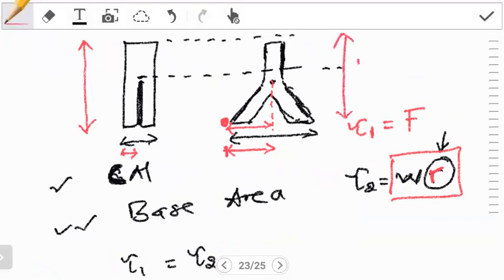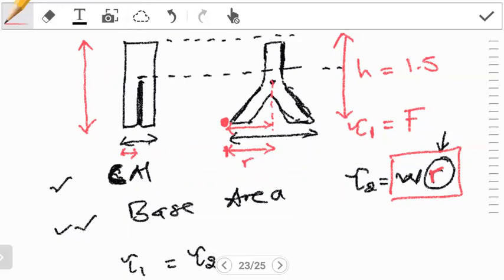Of course, in practice the height is not the same; spreading the legs implies that the height reduces a little bit. But here we're going to assume that reduction is very small, such that we can ignore it. So we're going to take height to be constant. What we want to focus on is how the increment in the radius affects the force that we need, F, in this case.